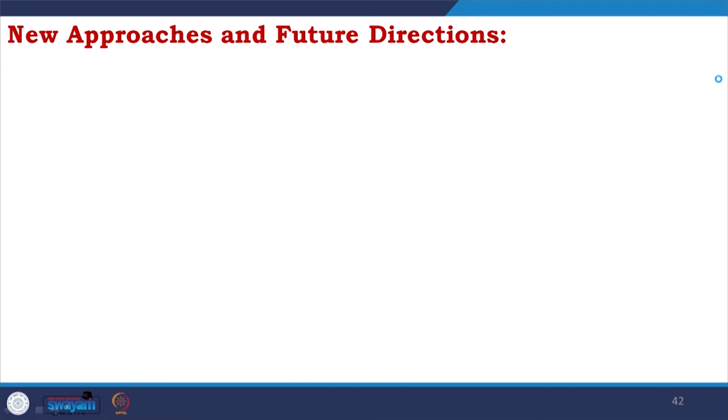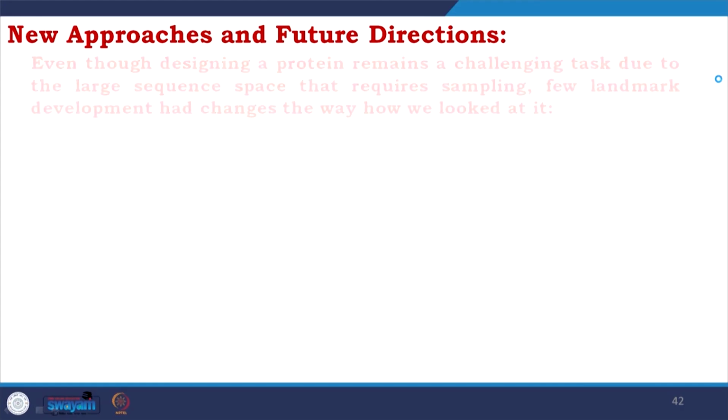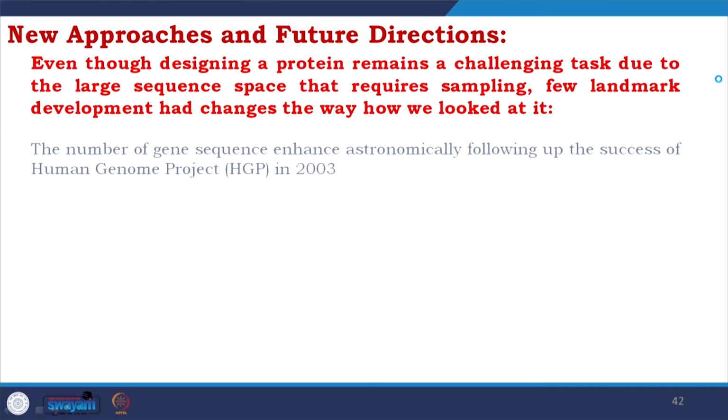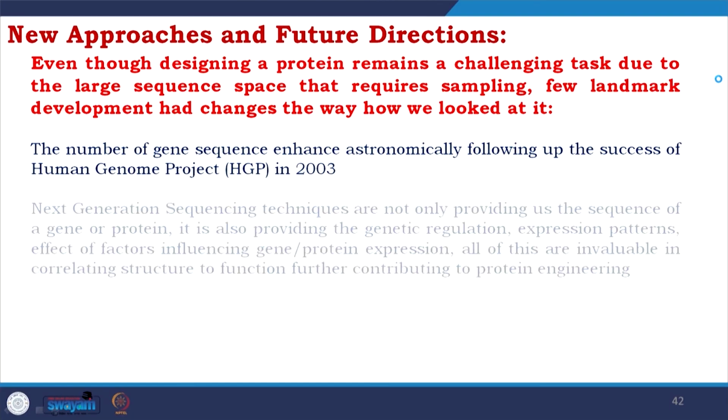Coming to new approaches and future directions. Even though designing a protein remains a challenging task due to the large sequence space that requires sampling, a few landmark developments have changed the way we look at it. The number of gene sequences has increased astronomically following the success of the Human Genome Project in 2003.